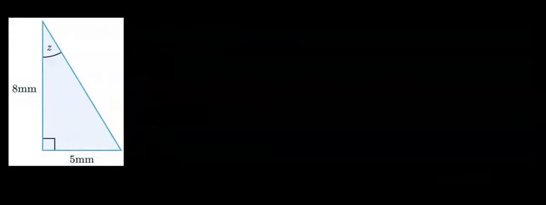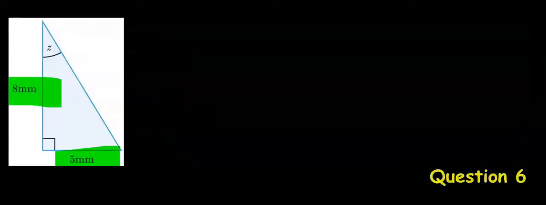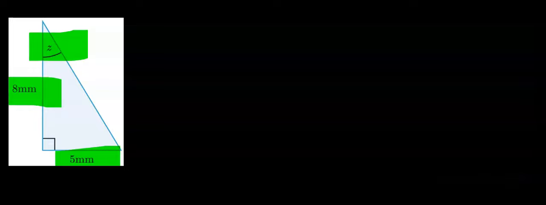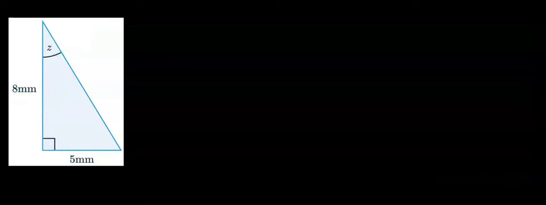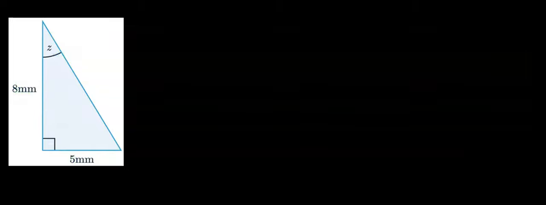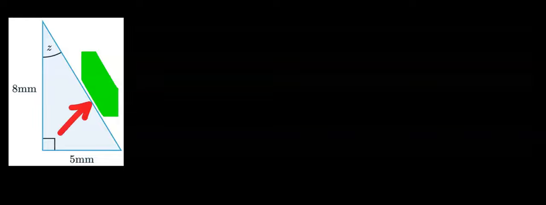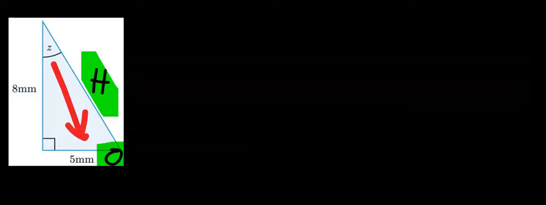In this question, you have two given sides, but a missing angle. Identify the hypotenuse, which is the longer side, but the hypotenuse is missing. Next, we're going to identify the opposite. The opposite is 5 millimeters.